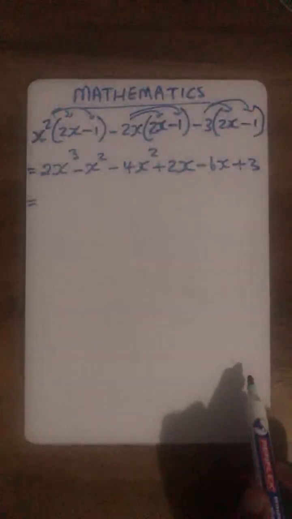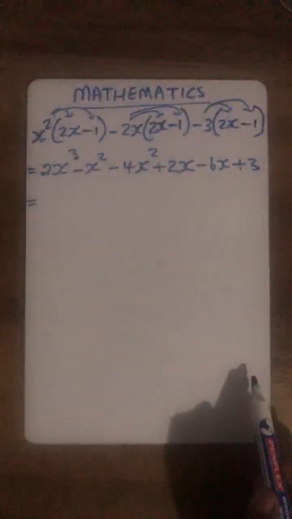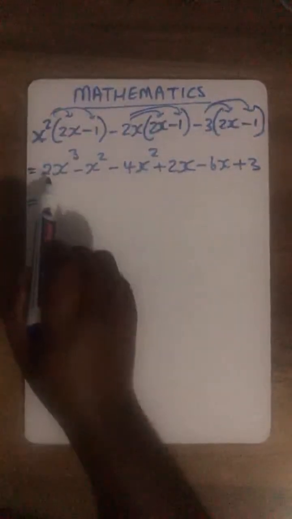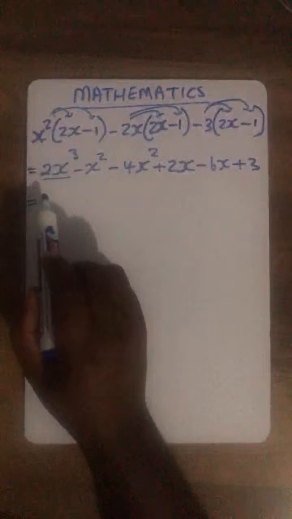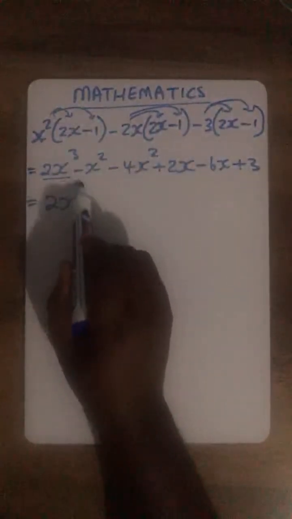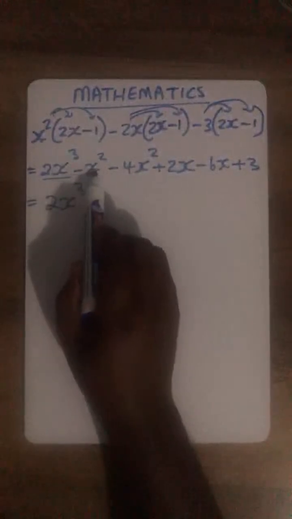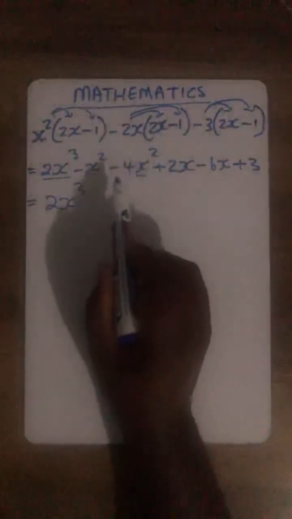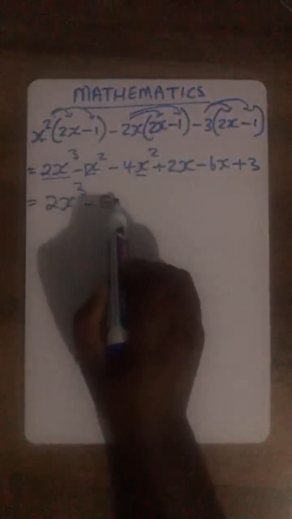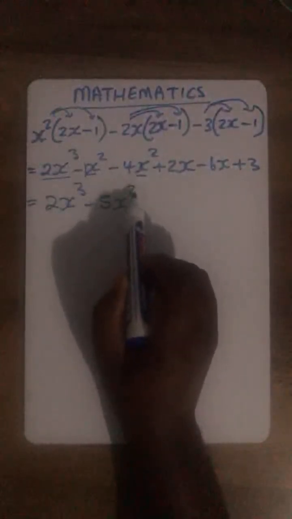Okay, so now let's see if we've got the like terms. This one is to the power of 3, and we no longer have something to the power of 3, so we can just write it as that. But these two are to the power of 2, and then there's an invisible 1, so it makes it negative 5x squared.